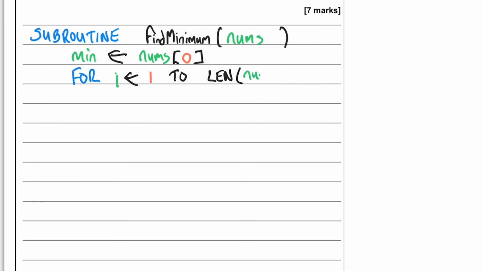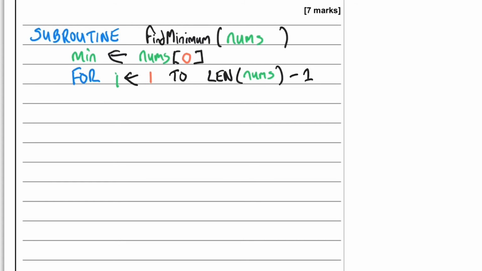Now let's say there were 6 numbers. That would say we're going to go from position 1 to position 6. But because we started at position 0, it's going to be 0, 1, 2, 3, 4, 5. So if we go up to 6, we're also going to make the program crash and cause a logic error. So we actually have to say not just nums, but nums minus 1. So it would go up to, if there were 6 numbers, position 5.